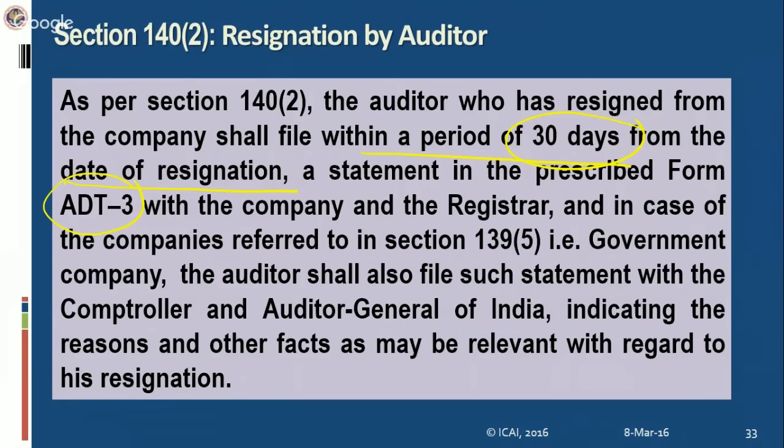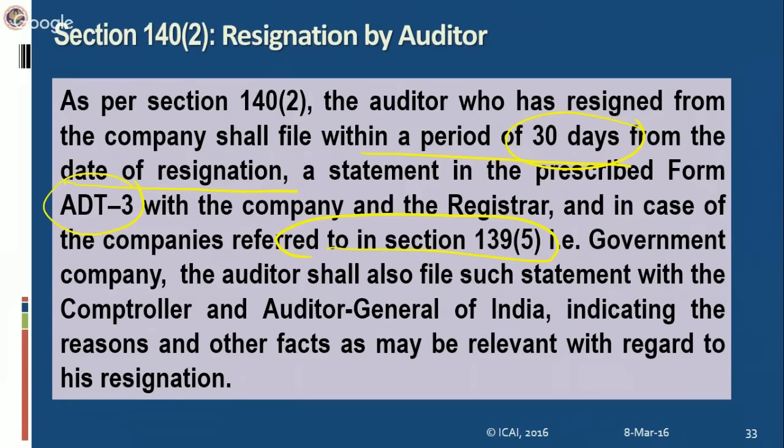And students, if the company is a government company, in case of the companies referred to in section 139.5, you may remember that section 139.5 is government companies, the auditor shall also file such statement with the CAG of India, indicating the reasons and other facts as may be relevant with regard to his resignation.